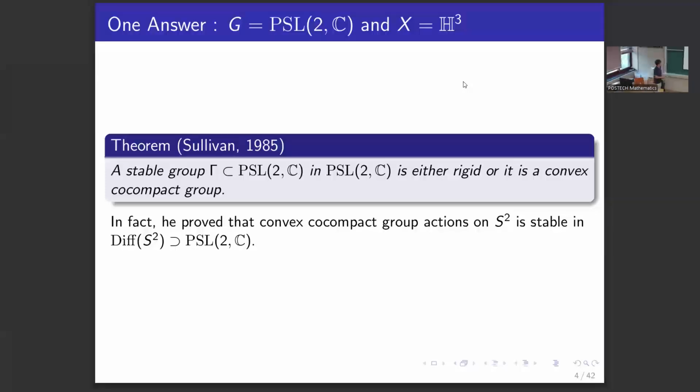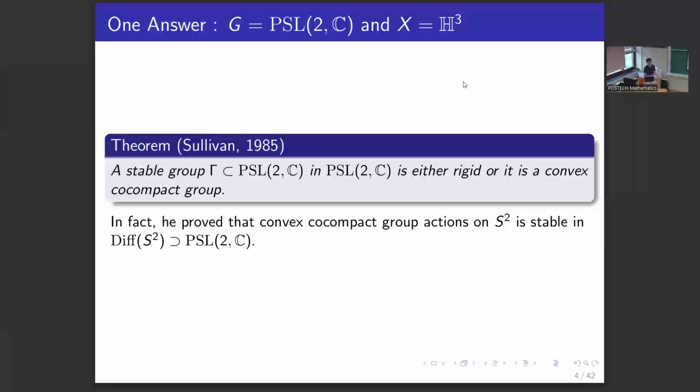He also proved that this is the only stable discrete subgroup of PSL2C. Also, he proved that the convex co-compact group action on S2, which you can think of as the ideal boundary of hyperbolic 3-space, is stable in the diffeomorphism group of S2 as well as in PSL2C.